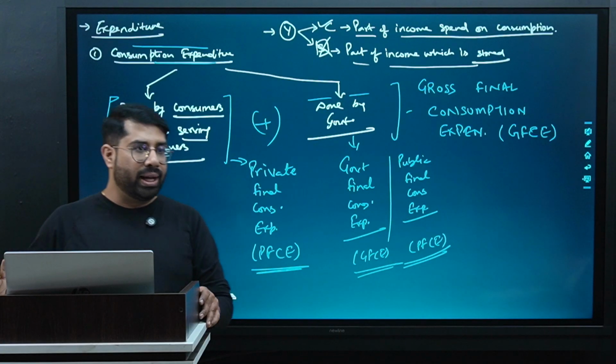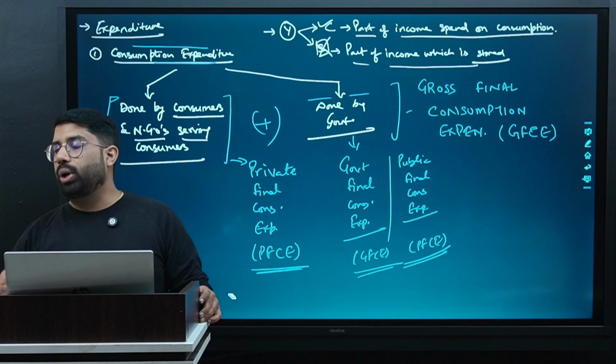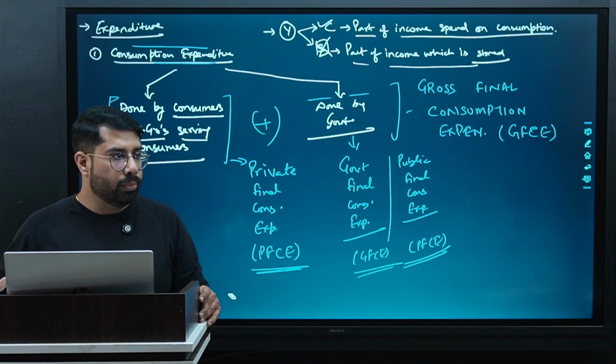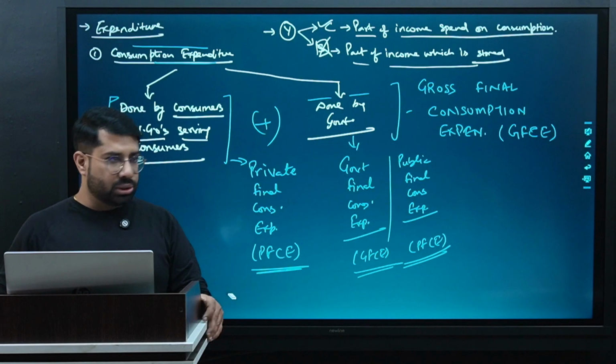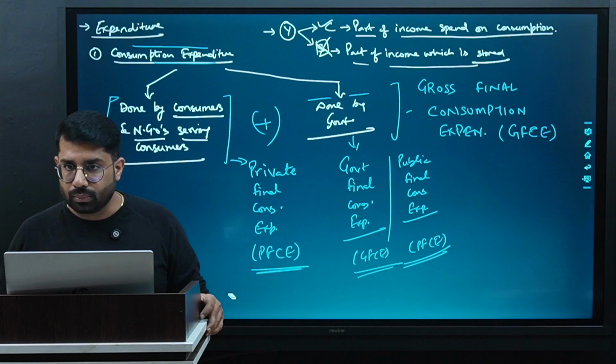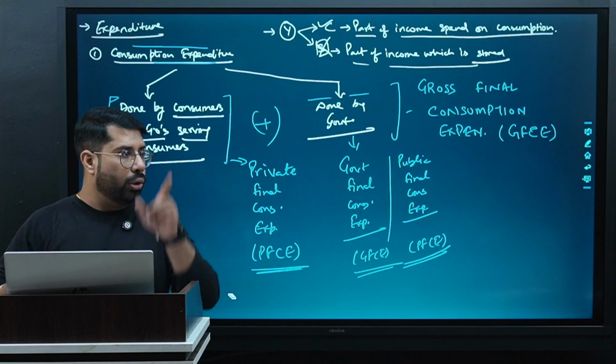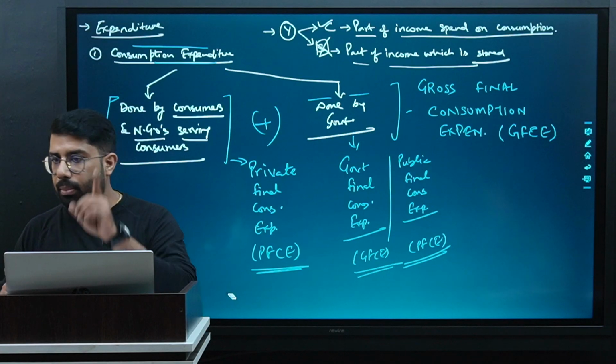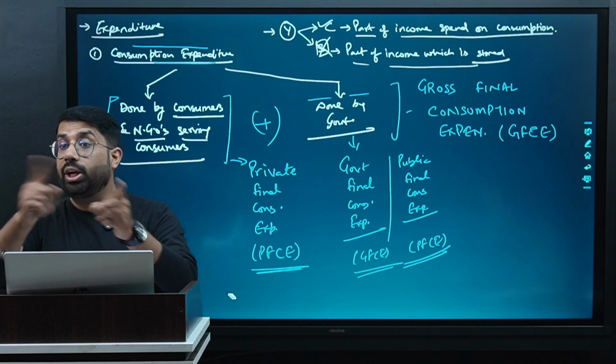Are we understanding the point, guys? Whatever money we are spending on final goods and services will be the value of those final goods and services. And the total value of all final goods and services produced in an economy in the period of 1 year is what we call GDP at MP.